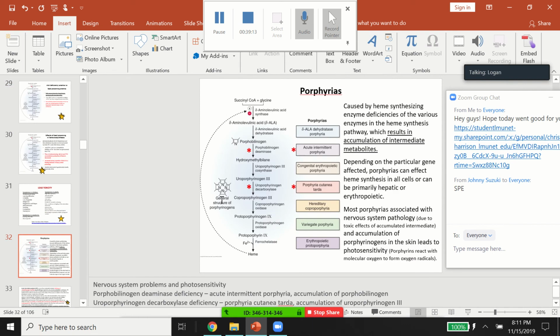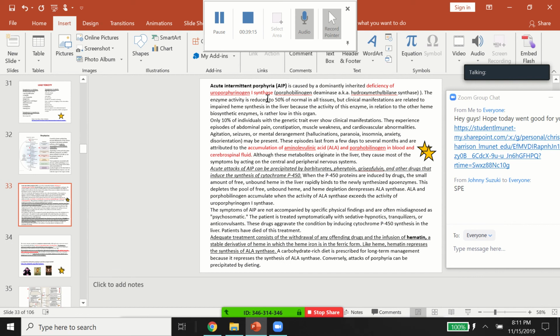Well, I think it's a sidestep off that pathway. But regardless, that's not super important to know. What you need to know: acute intermittent porphyria, deficiency of uroporphyrinogen 1 synthase, leads to accumulation of ALA and porphobilinogen.